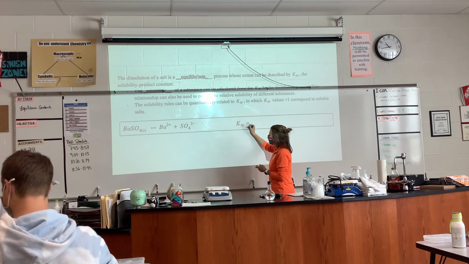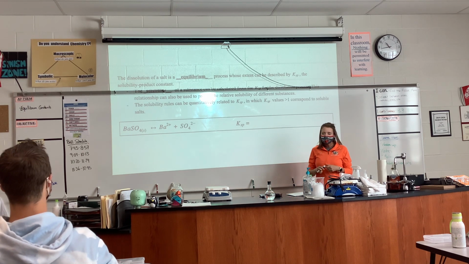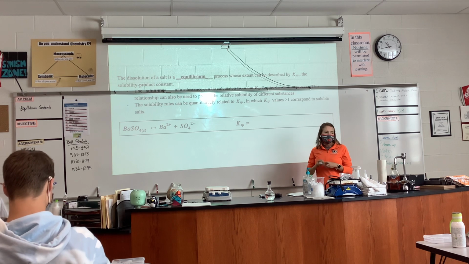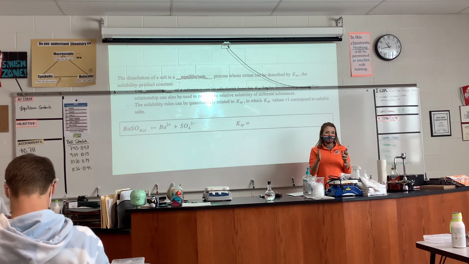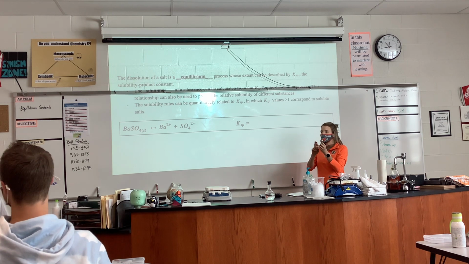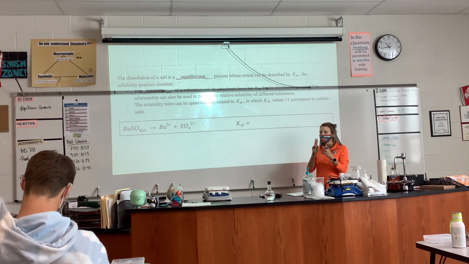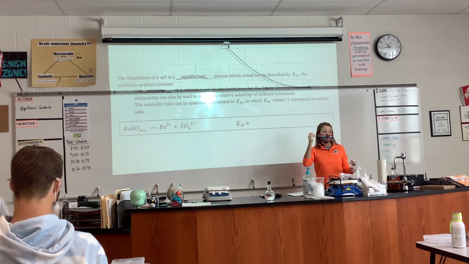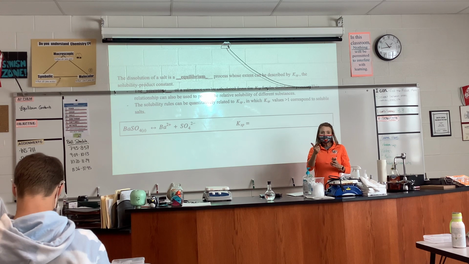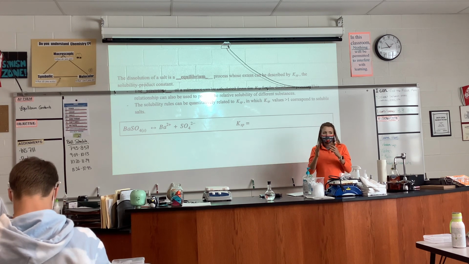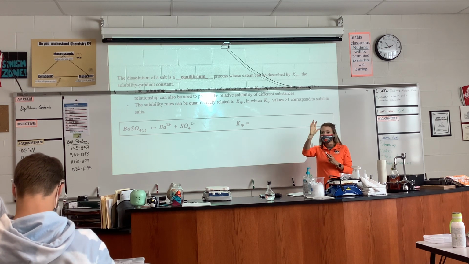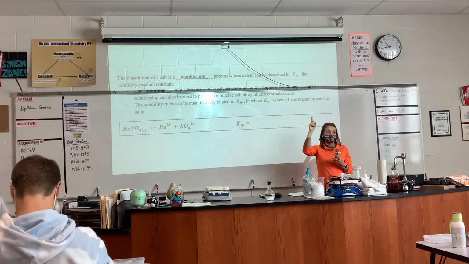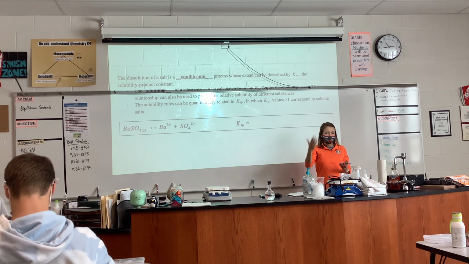We have a special label where we put SP, but keep in mind that all K's are the same. Whether it's a Kc, a Kp, Keq, Ksp, later on we're going to learn about a Ka and a Kb, it's really the same equation. All K's are products over reactants to the power of their coefficient.